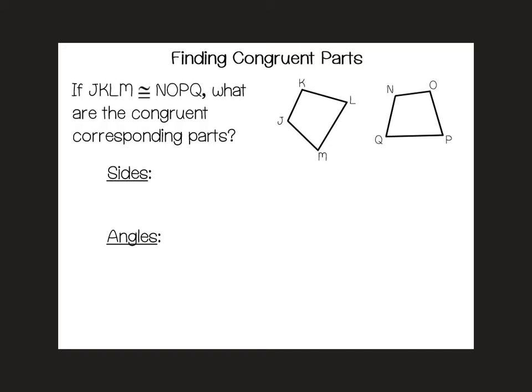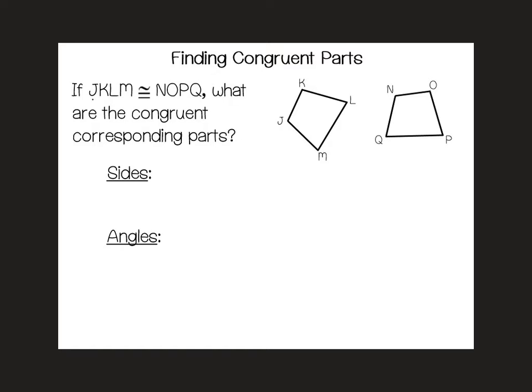In our first example, it says if JKLM is congruent to NOPQ, what are the congruent corresponding parts? So you can either do it by looking at the diagram or just by using the congruency statement. I personally think it's easiest just to use the congruency statement.